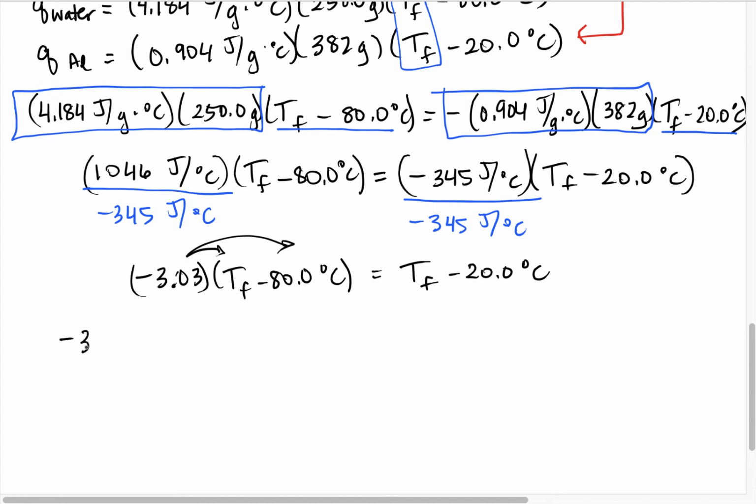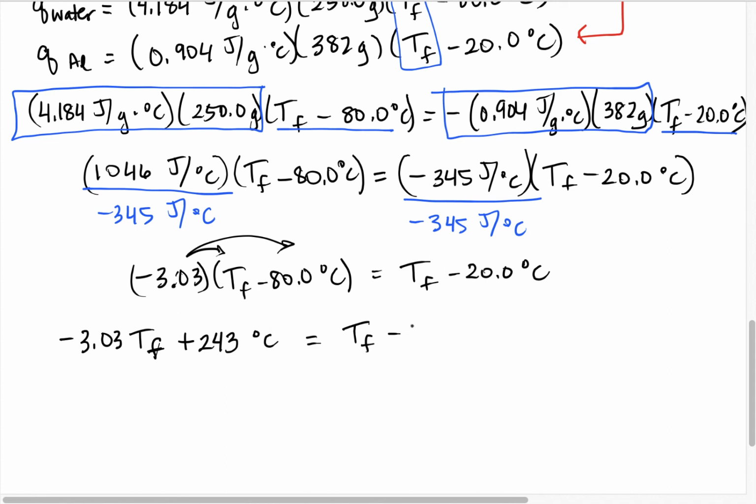So I'm just going to multiply it out. Minus 3.03 TF, and then I have a negative times a negative, so my sign changes, and that's going to be 243. Notice my units canceled out here. That's why this number doesn't have units. But this one will have units, and this is also in degrees.